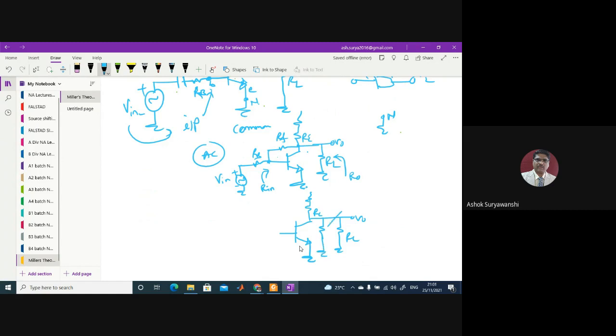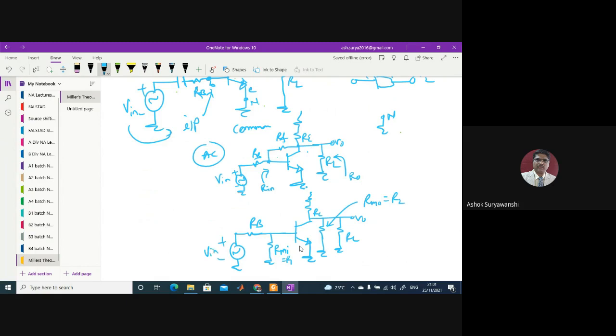This will be called RMO or R2, and on the input side we will also get RMI, or it is also called R1, and then your source here, plus minus Vin.